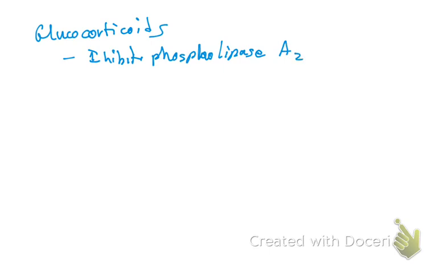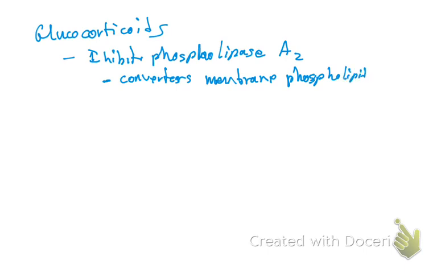Phospholipase A2 converts membrane phospholipids into arachidonic acid.